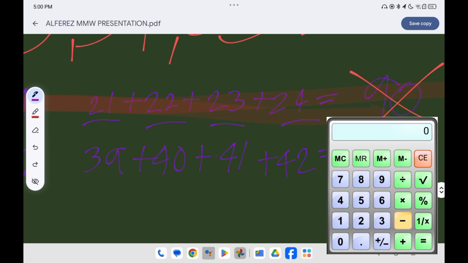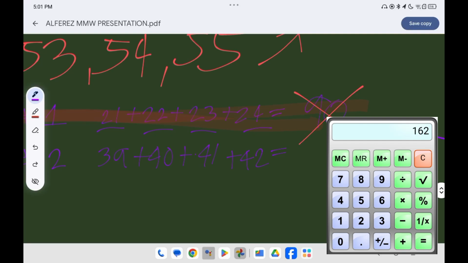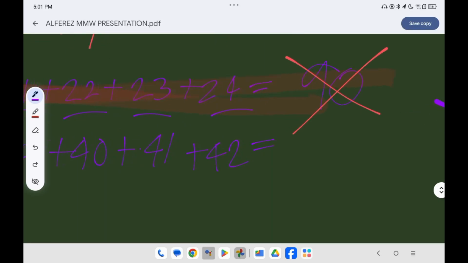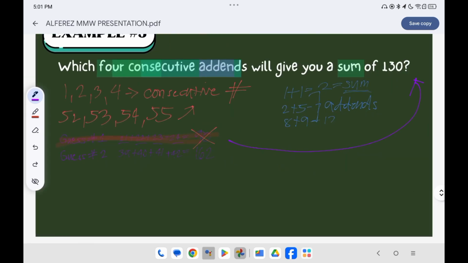What do you think is the sum of these 4 consecutive addends? Let's look at it on the calculator. Yep, we got it. It's 162, which is now higher than the number we're looking for.